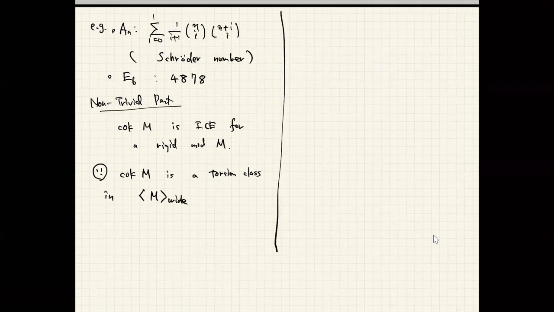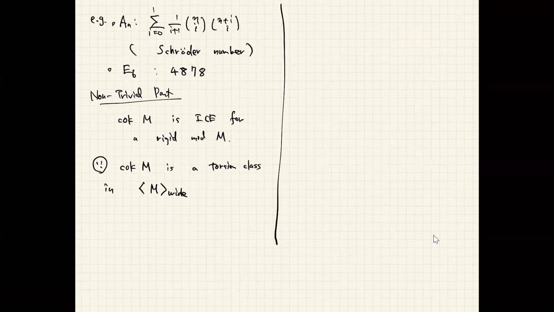This is the smallest wide subcategory containing M. So it's the wide closure of M. So cok of M can be proved to be a torsion class in this category.